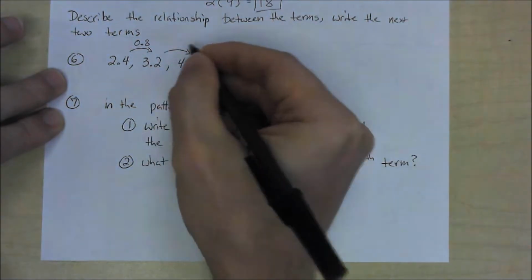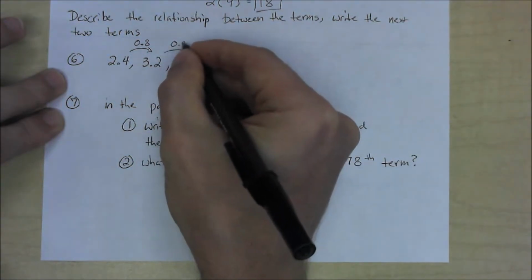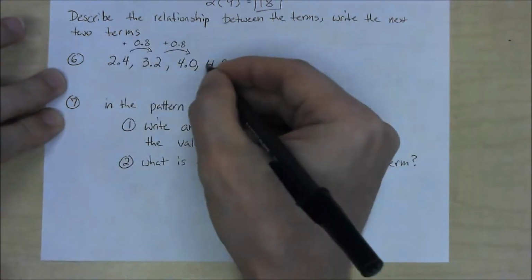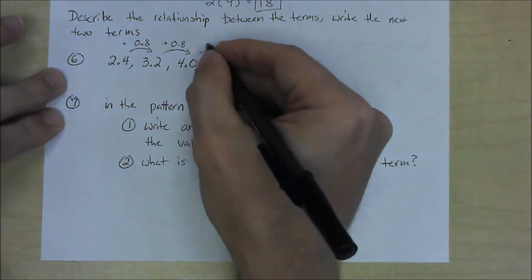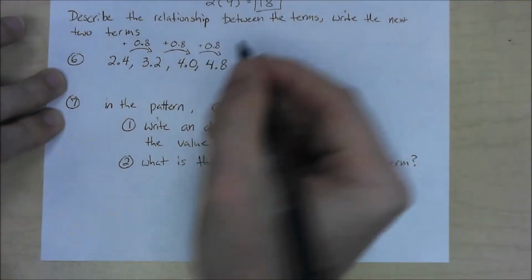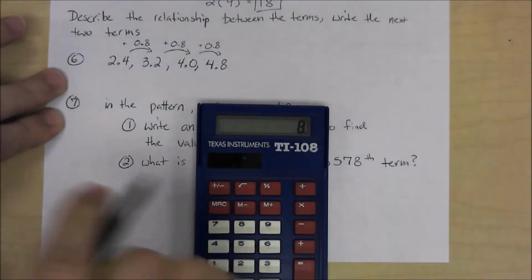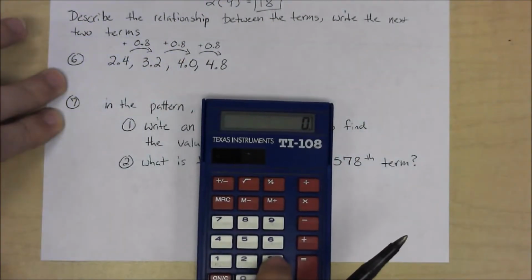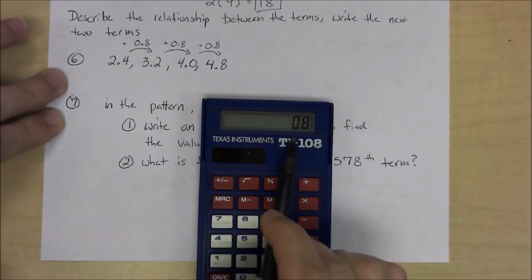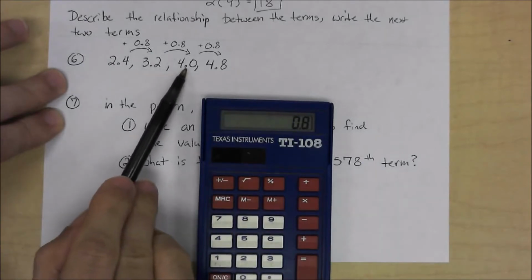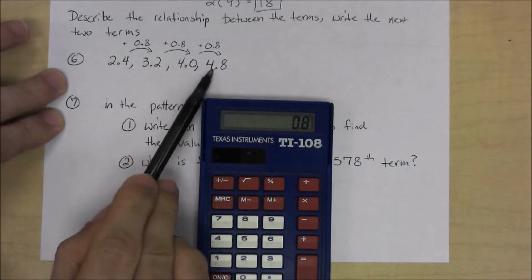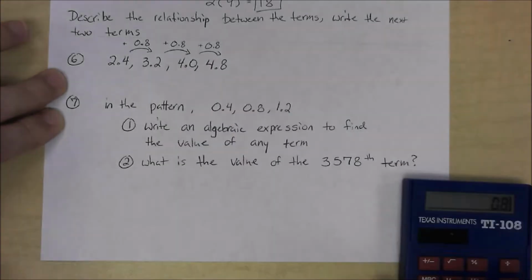From 3.2 to 4.0, we have an increase of 0.8. And from 4.0 to 4.8, we have an increase of 0.8. Now, if you're not sure how to find that increase, take the second term and subtract the first. So 3.2 minus 2.4 equals 0.8. And that would be the same if you do 4.0 minus 3.2 and 4.8 minus 4.0.